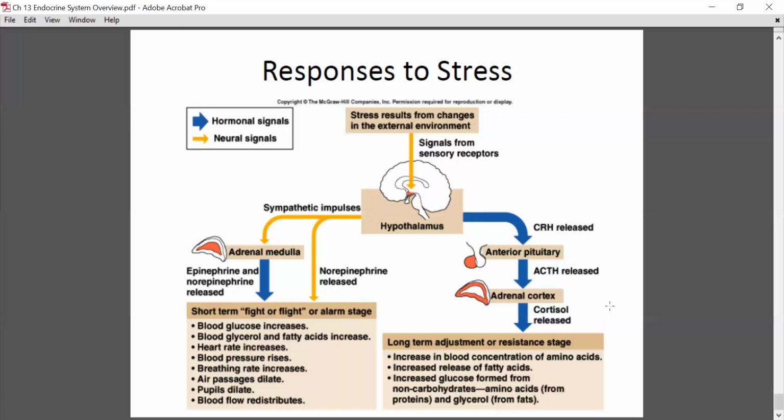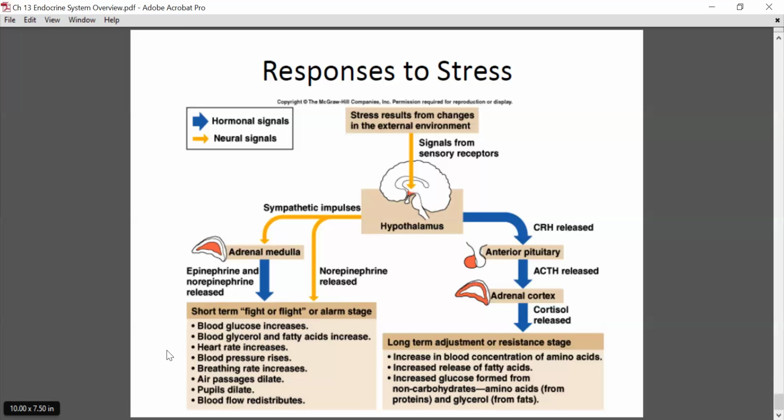And this glucose is formed from your non-carbohydrates. So those amino acids that were just released, those fatty acids that were just released, are both used to help increase blood sugar levels that will then help to create more ATP coupled with that increase in oxygen that you experienced from the increase in breathing rate and the dilation of those air passages.